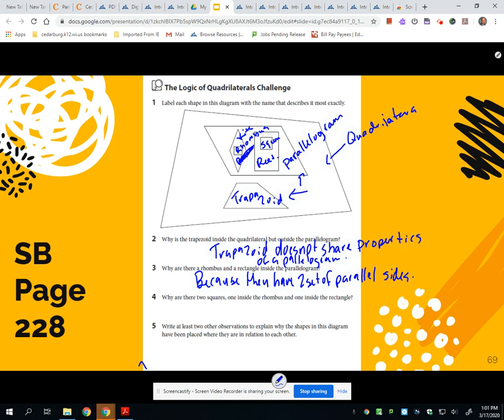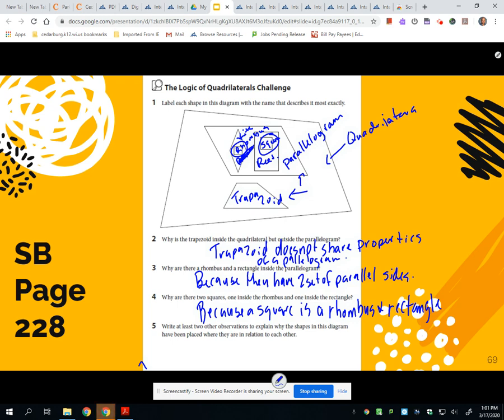Number 4 says, why are there two squares inside the rhombus and one inside the rectangle? Pause the video. Because a square is a rhombus and a rectangle, right? Equal sides, rhombus. 4 right angles, rectangle.